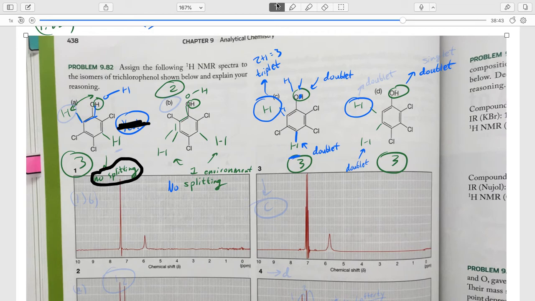Part A, it looks like we have 2 peaks. Are those splitting? So that means B has to go with number 1. I think that's right.